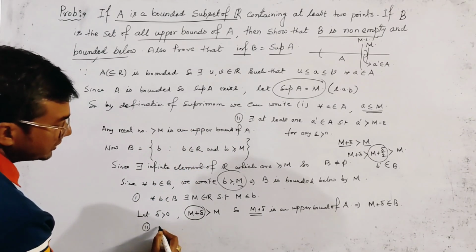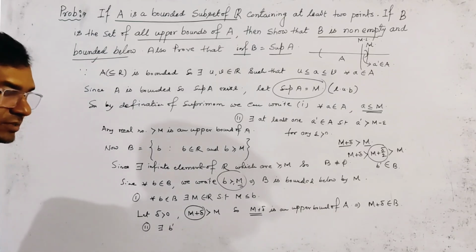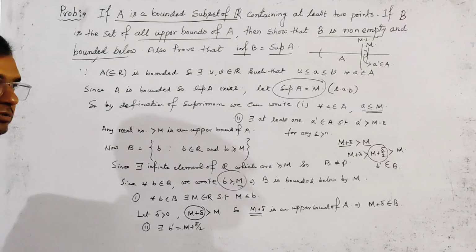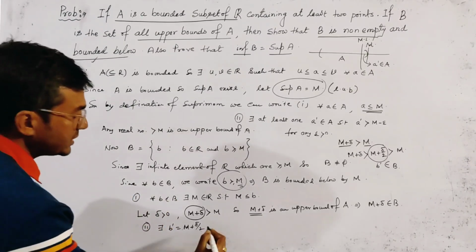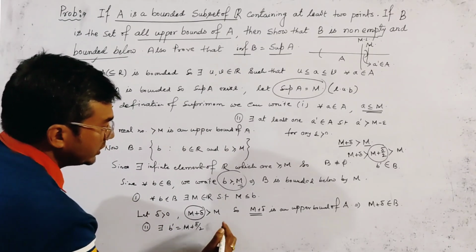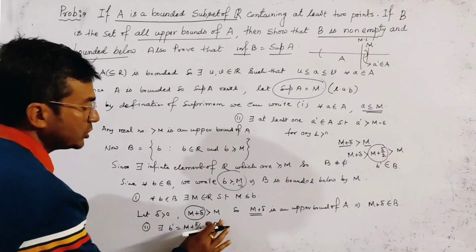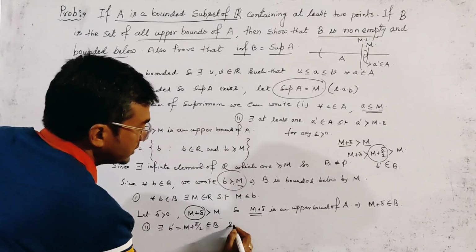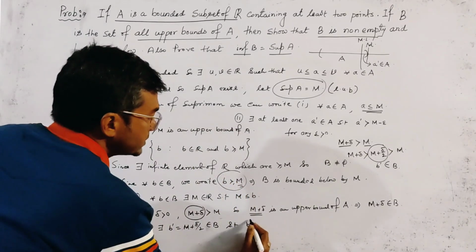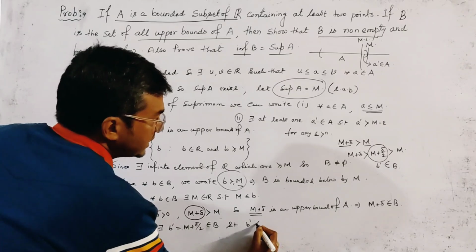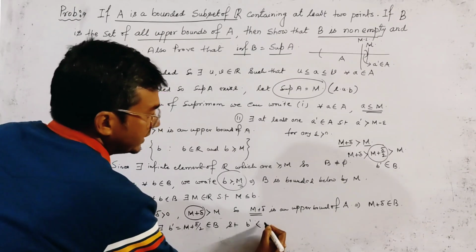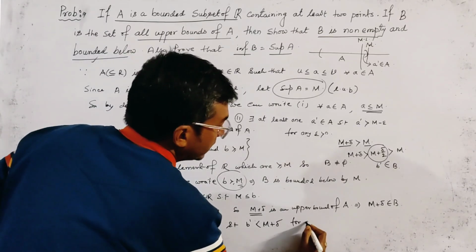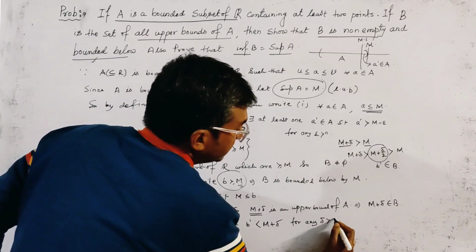There exists b dash, which is given by M plus delta by 2, such that b dash belongs to B. We proved here b dash belongs to B, such that b dash is less than M plus delta, for any delta greater than 0.